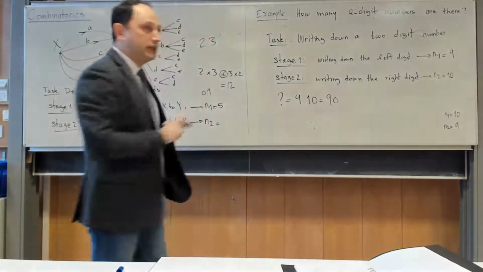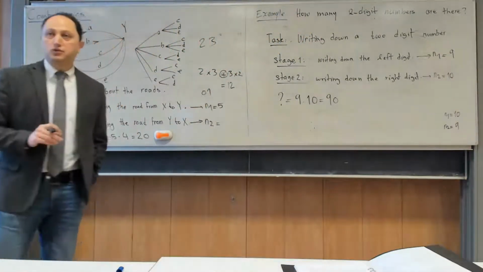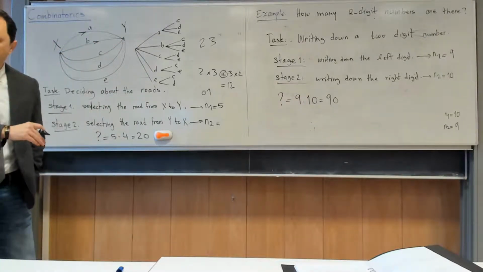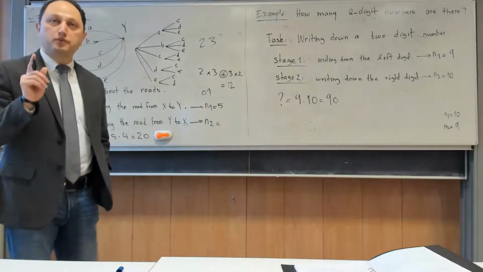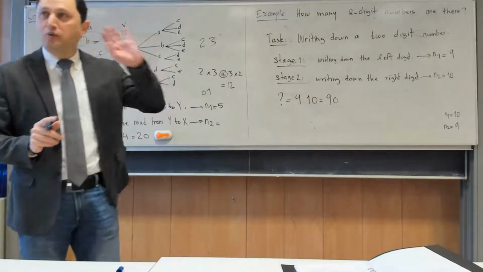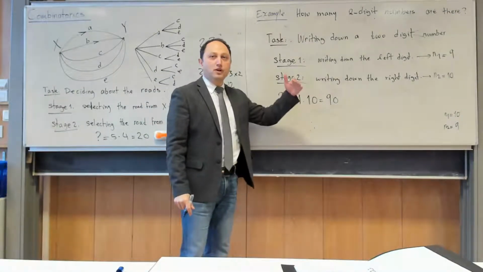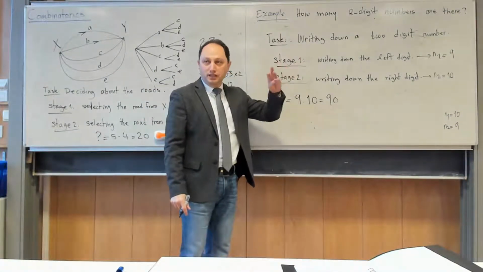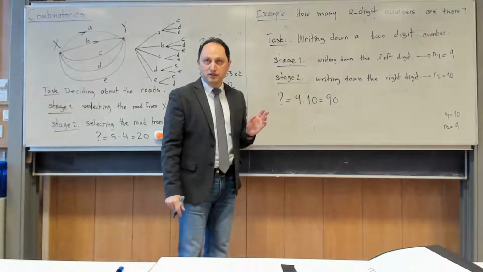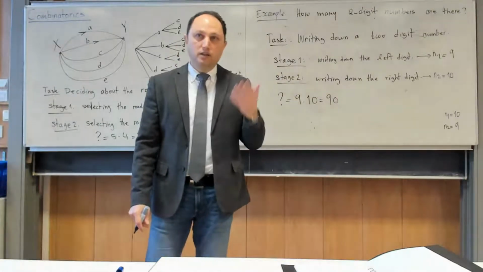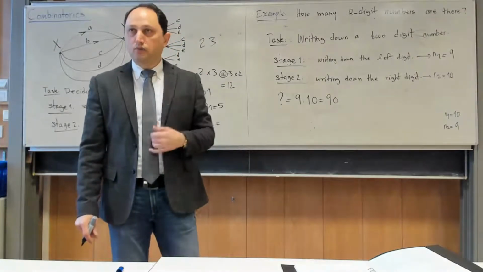In how many of them is no digit repeated? Of course, it is easy to answer this question, but I want you to use the product rule if possible. For example, if I want to calculate it naively, how many ones do I not want to be there? 11, I don't want it. The other one that I don't want is 22, and then 33. These are not the ones that I want.